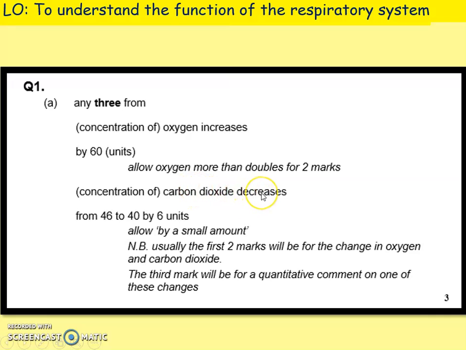If you said carbon dioxide decreases, you will get a mark. If you said it decreases from 46 to 40 or by 6 units, you would also get a mark, for a maximum of 3. You could also have it decreases by a small amount. But using the data is really important if you can do that, because that shows that you understand what's going on in that table.